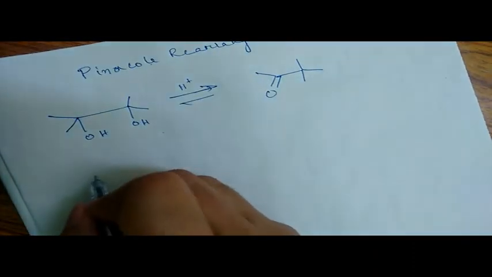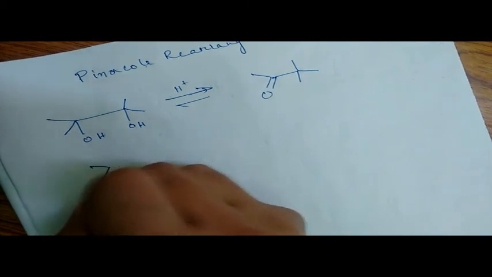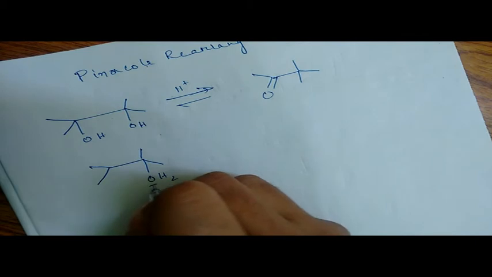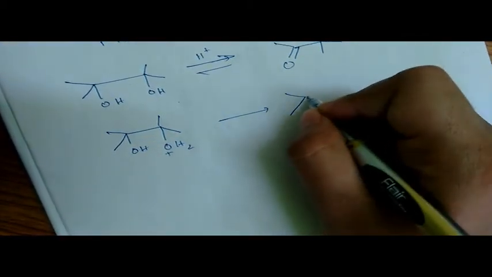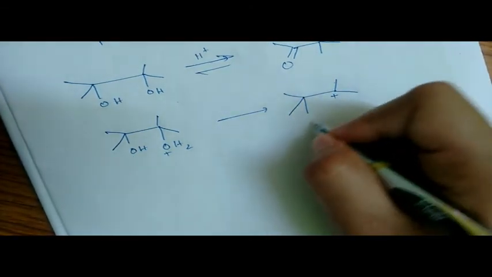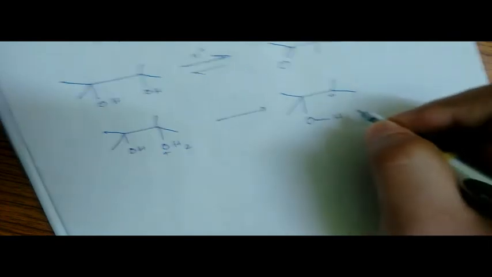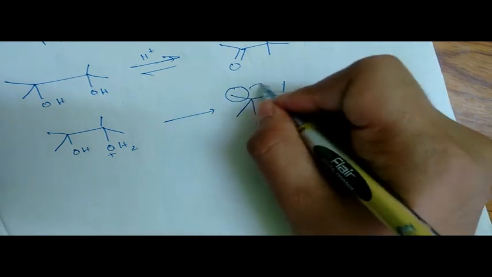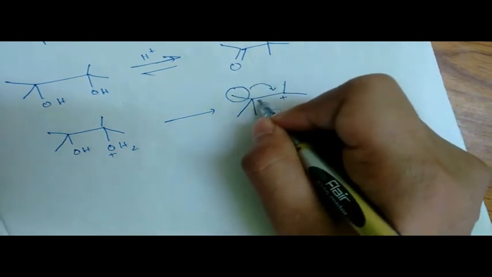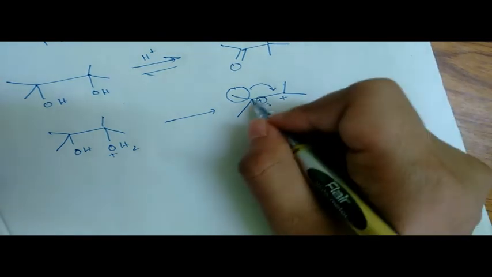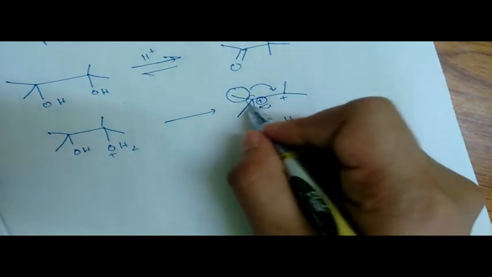So the probable mechanism is, it is also a very simple reaction in which OH2 positive is generated, and then this group leaves to generate this ion. Now what happens? One of these groups migrates to this position, shifting the cationic position to this carbon.